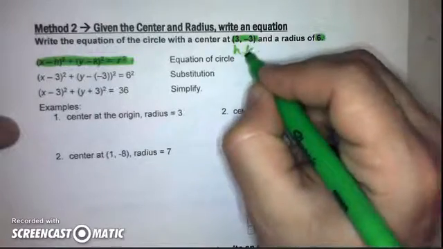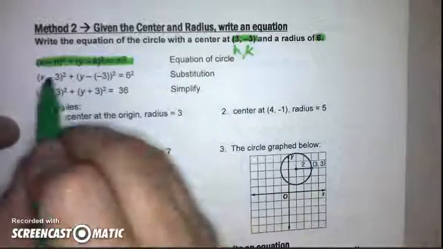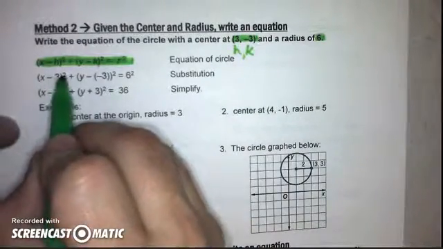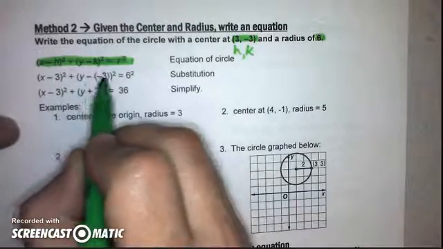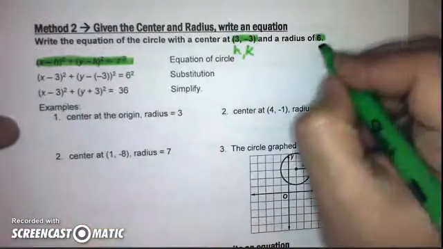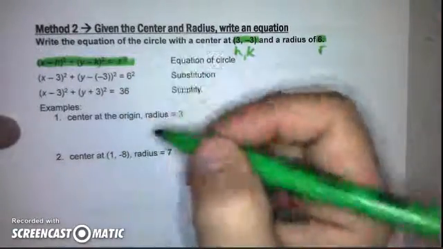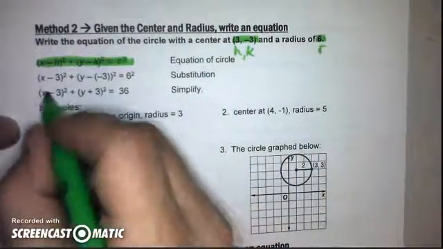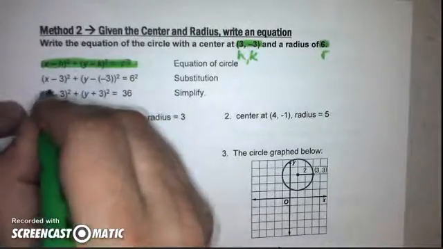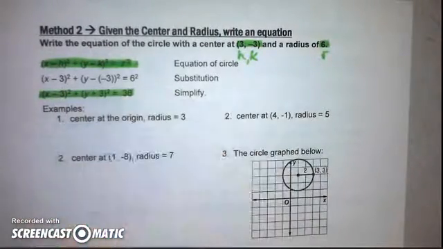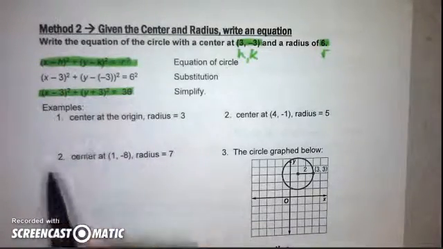K is the second coordinate from your center. Okay, so we do x minus 3 all squared plus y minus negative 3 all squared. And then r is your radius, so I do radius squared, or 6 squared, which when we simplify this would give us this equation. X minus 3 squared plus y plus 3 squared equals 36.